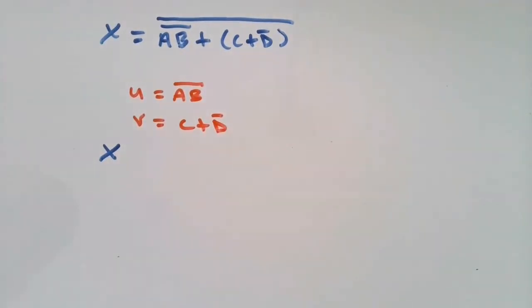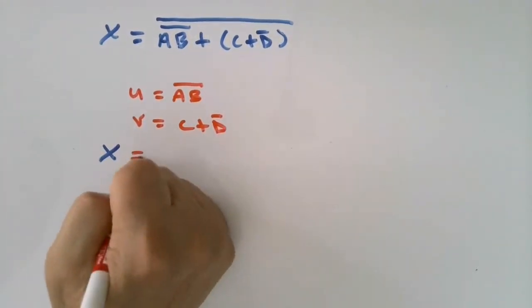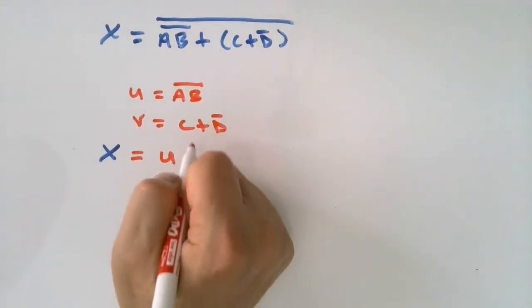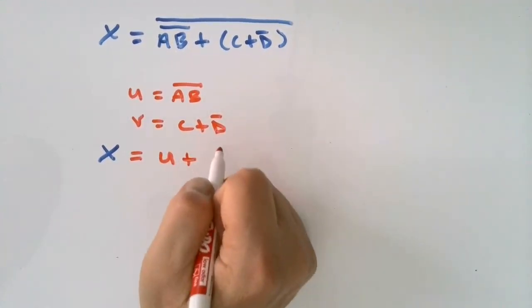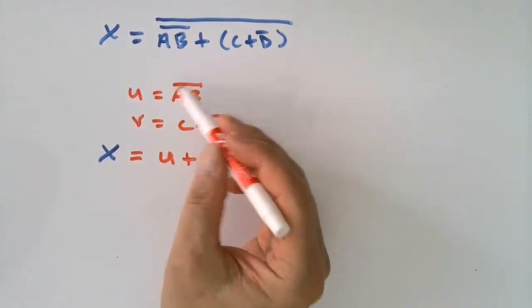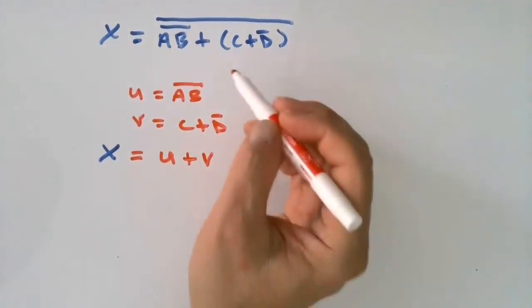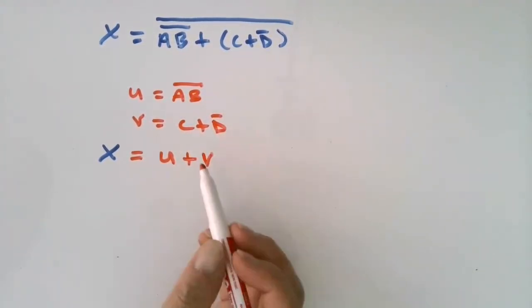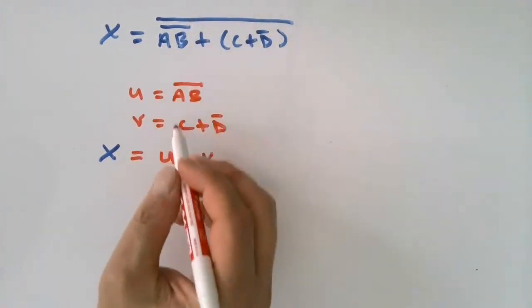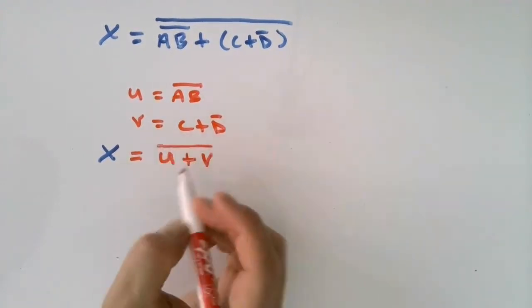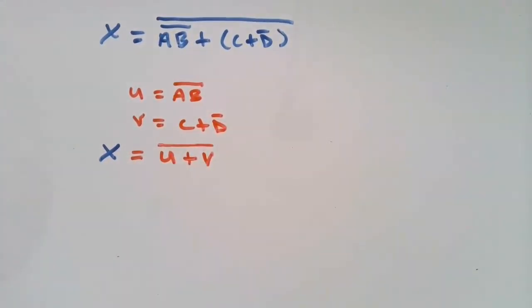So X equals U or V. We haven't done any transformation yet. U is A and B not, and V equals C or D not. That is not the final solution because ultimately we still have this bar on the top. We can't forget that big bar on the top. But what we're interested in is doing the substitutions back in and going through the DeMorgan transformation.